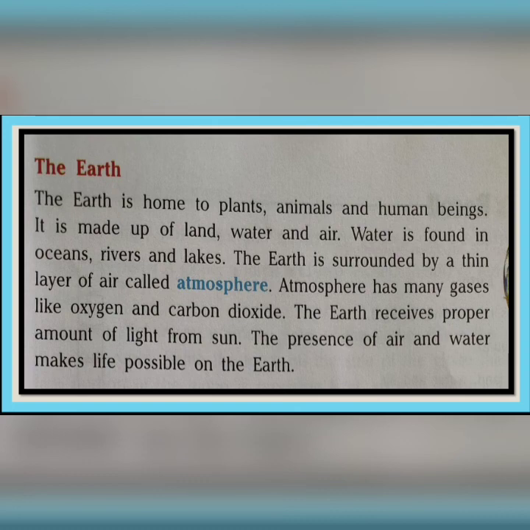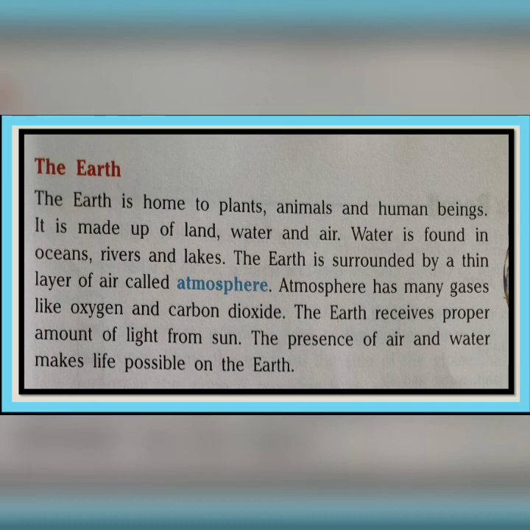And there is a thin layer of air that surrounds the earth, and that layer is called atmosphere. Atmosphere consists of many gases like oxygen, carbon dioxide, all those. And our earth receives sunlight from the sun. And along with sunlight it gets heat also from the sun.